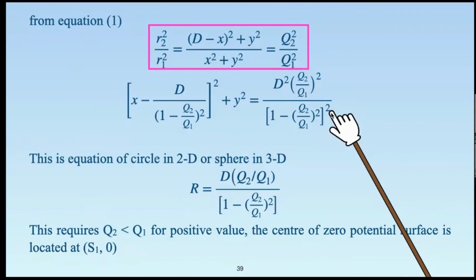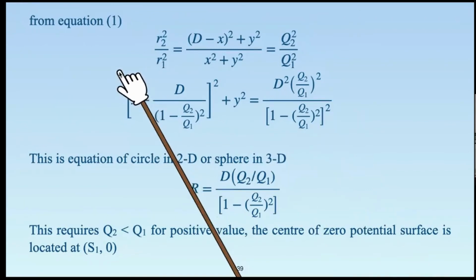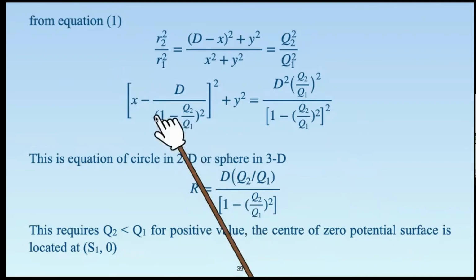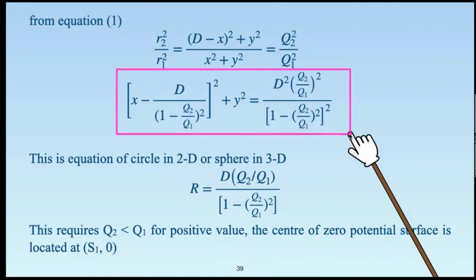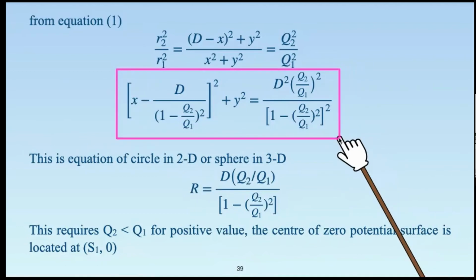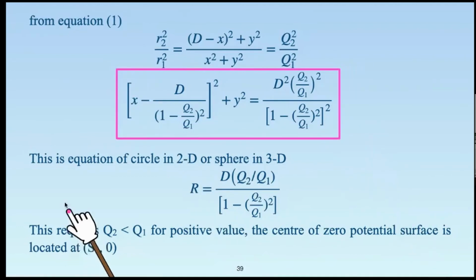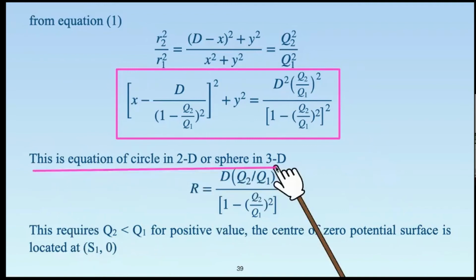If you observe this equation carefully, the parameters are arranged in such a manner that this is basically an equation of a circle in two-dimensional space, or you can consider this to be a sphere in three-dimensional space.